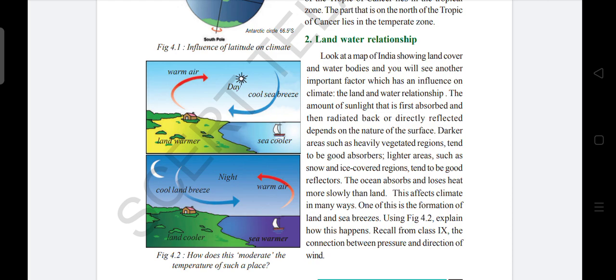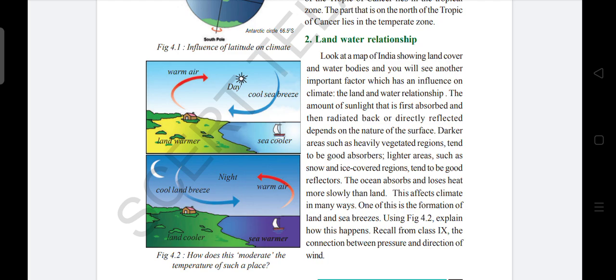In the day we can see cool sea breeze on the sea, whereas at night we can see warm air over the sea. On land in the day we can see warm air, whereas on land at night we can see cool land breeze. So it is quite the opposite of day with night.